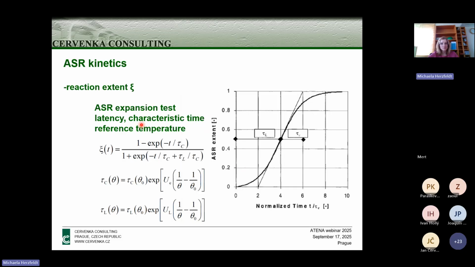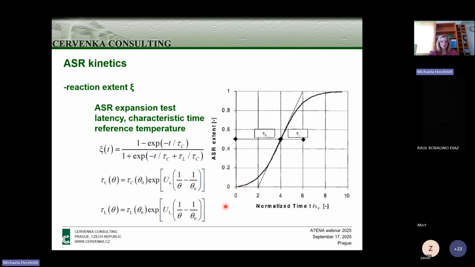So this ASR kinetics is expressed with reaction extent, and it basically shows how quickly the ASR develops depending on the temperature of the conditions where it happens, because the temperature of the conditions is very crucial for how the ASR develops.